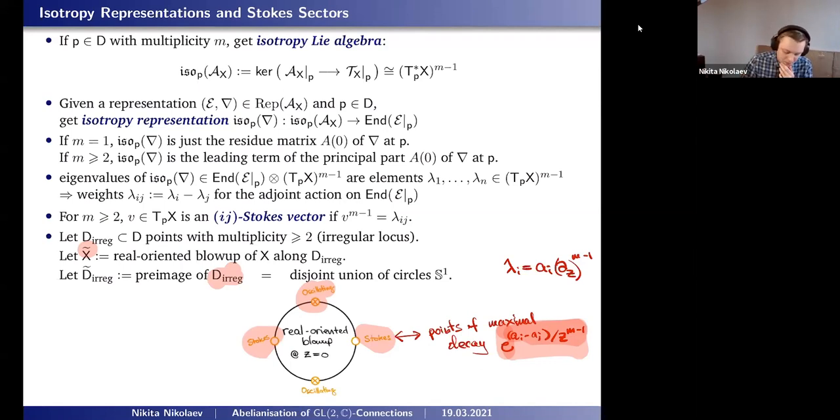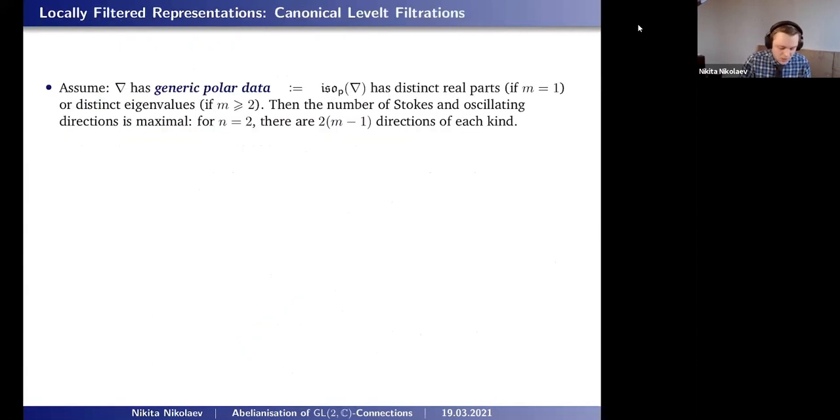Okay. So basically, once you have a representation of your Lie algebroid, you restrict it to each irregular locus, you get these distinguished points on the blow-up circles. And I'll use these points to construct a graph, a certain graph. Okay, so let me make a few more assumptions.